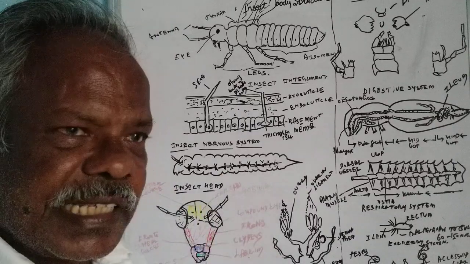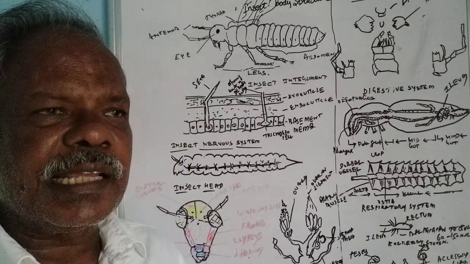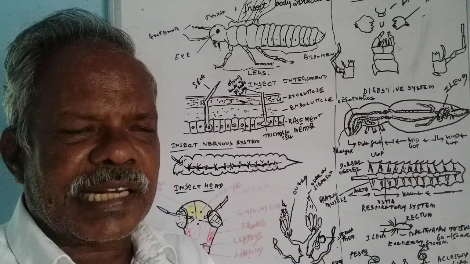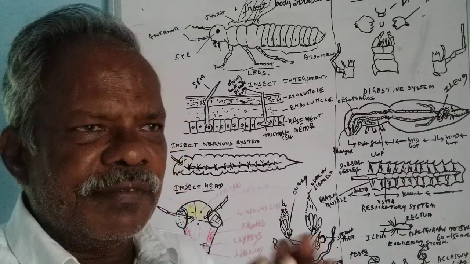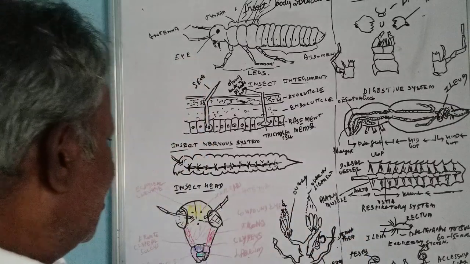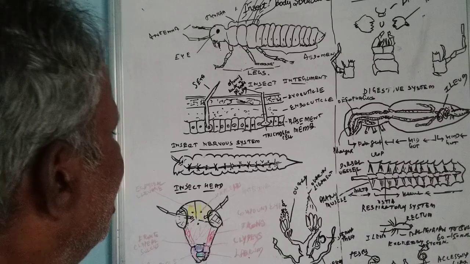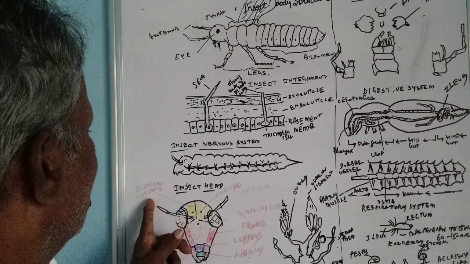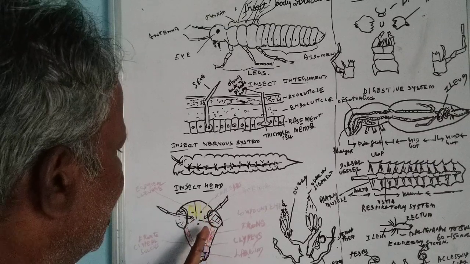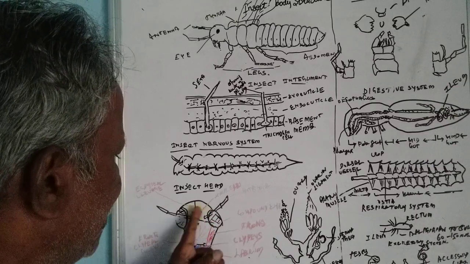Then coming to the insect head, the insect head consists of many plate-like structures with sutures, with joint arrangements, called the ecdysial cleavage, and then three plates are the important plates.